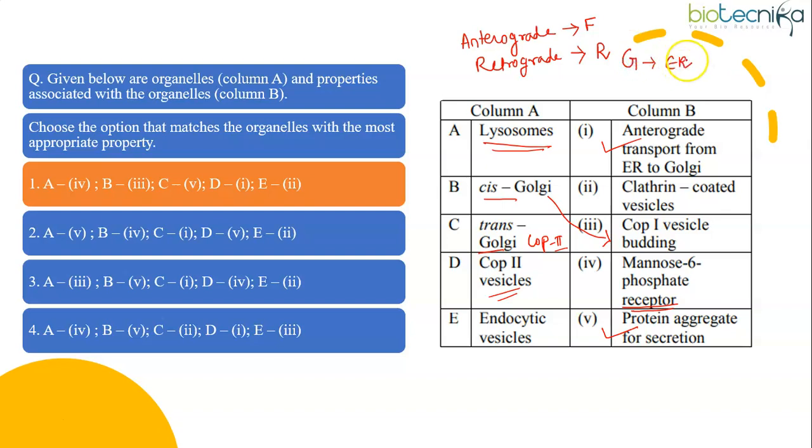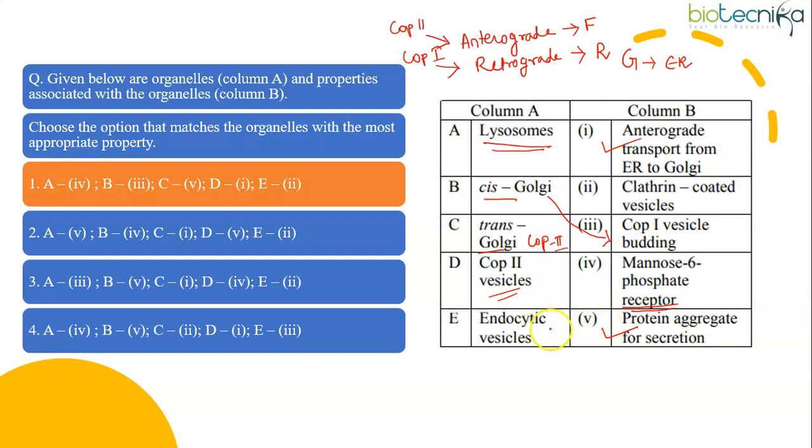If you remember this concept, things are better. So COP2 vesicles are involved in anterograde transport from ER to Golgi. You can remember this is COP2, and this is COP1. COP1 is involved in the reverse direction, COP2 in the forward direction.